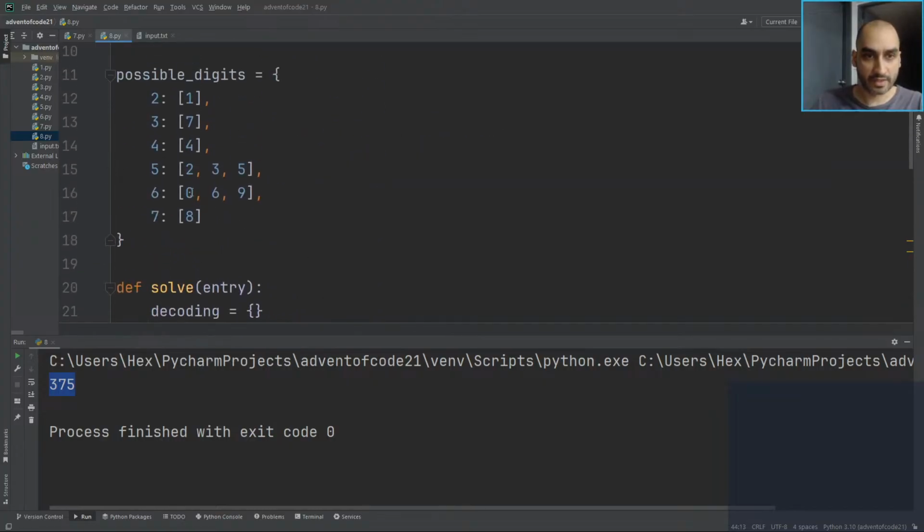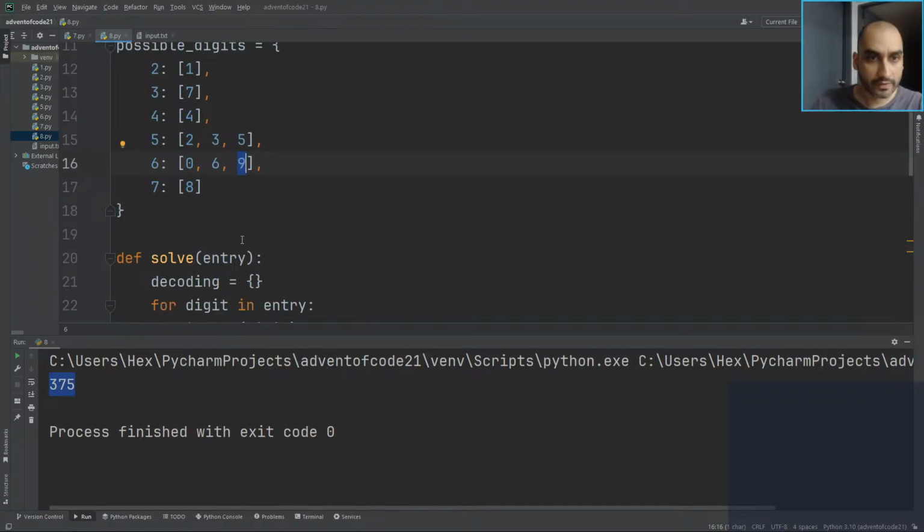So in that case we've just got 0 and 9, and 9 contains the 4.